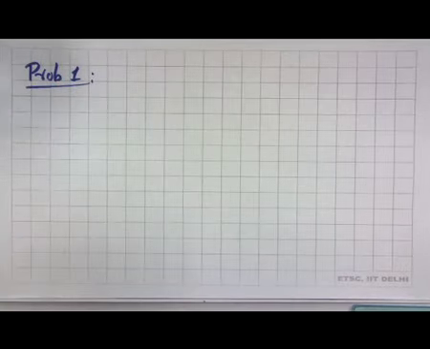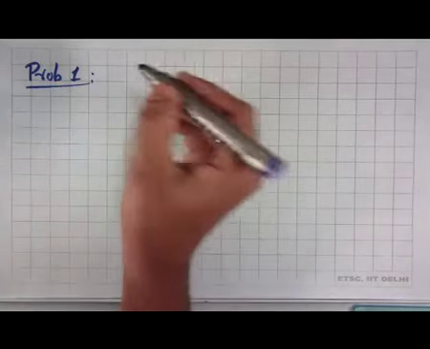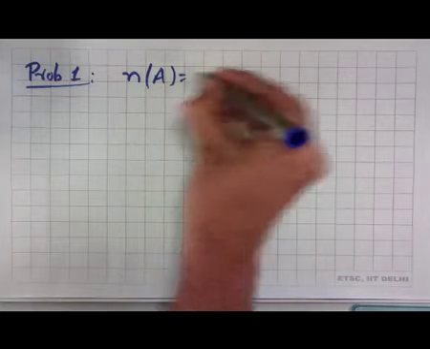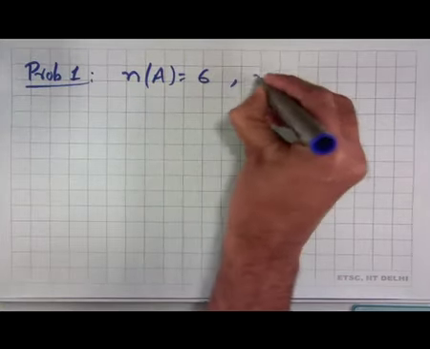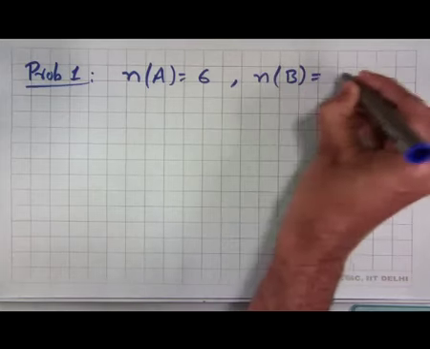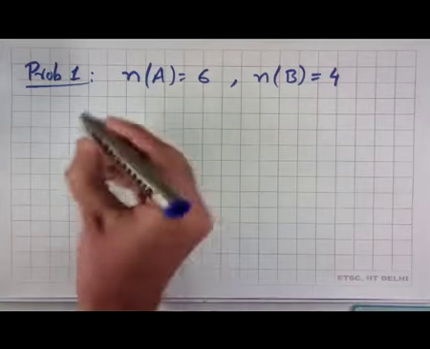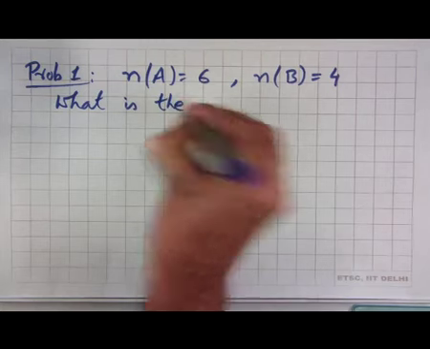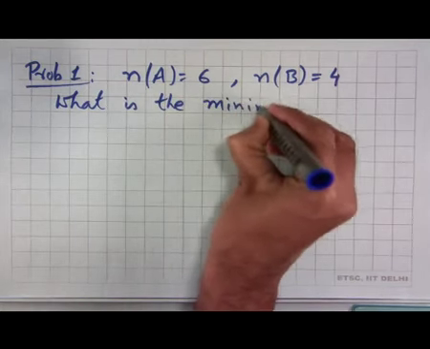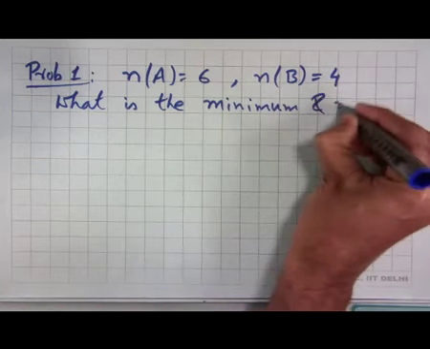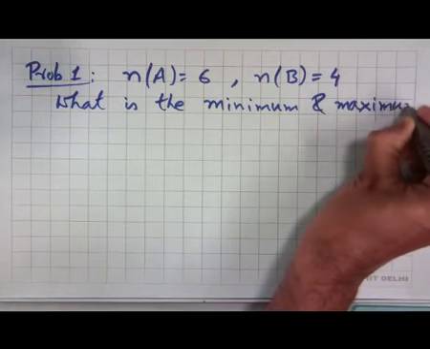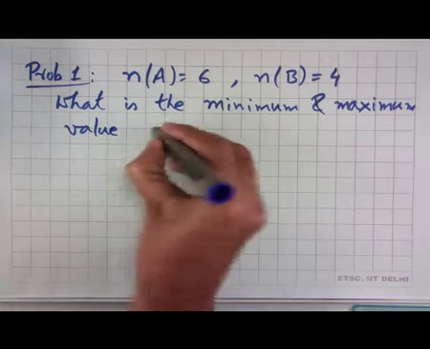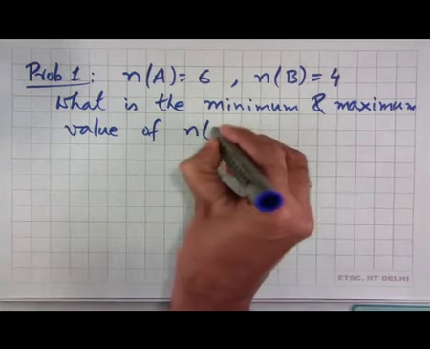So, problem 1, suppose we are given n of A is equal to 6, n of B is equal to 4, then what is the minimum and maximum value of n of A minus B?